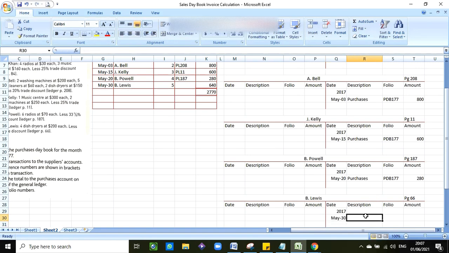May 30th. Purchases amount 280. Folio purchases day book, page 177. Right here it will be PL purchases ledger, page 66.